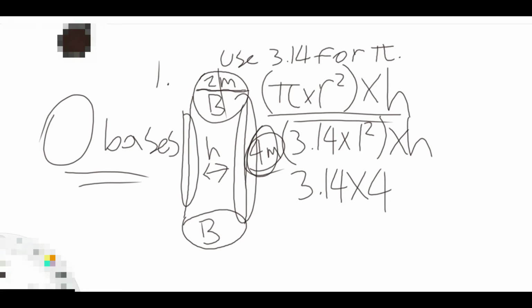Now we're going to do the calculation using the standard algorithm, but you could also use a calculator. 4 times 4, 16. 4 times 1 is 4, plus 1 is 5. 3 times 4 is 12, and 2 decimal places here.